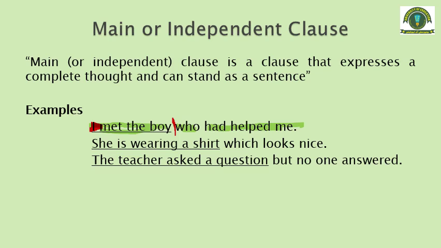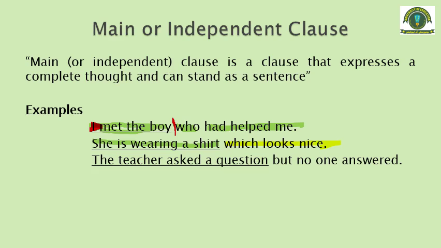Clear? The next example: "She is wearing a shirt." She is the subject, wearing a shirt is the predicate. It means the clause is complete up to this point. The next portion is also a clause, "which looks nice." But when I say "which looks nice," you will ask me, who looked nice?